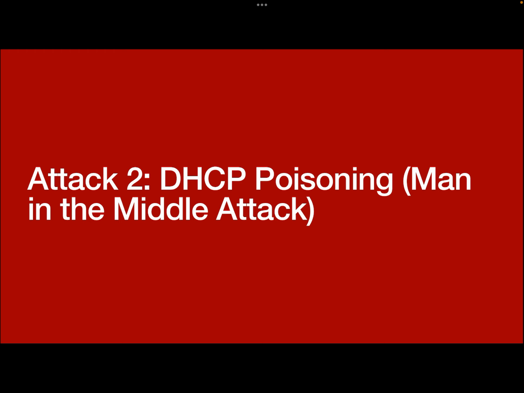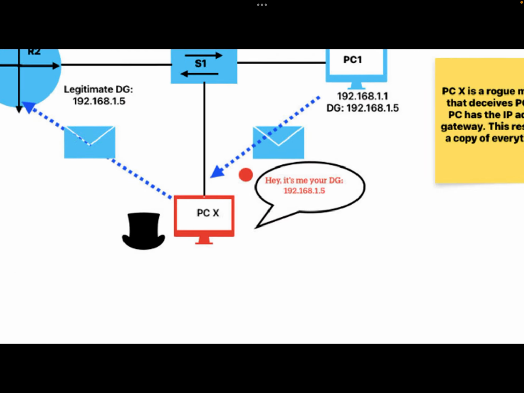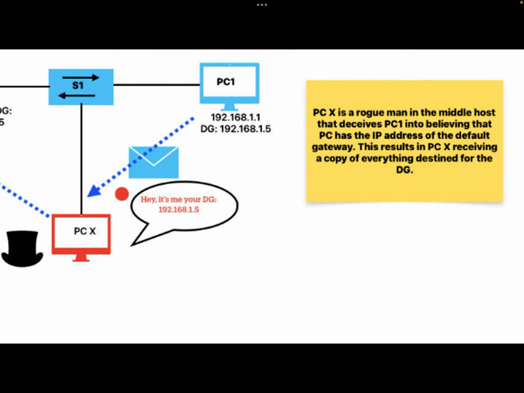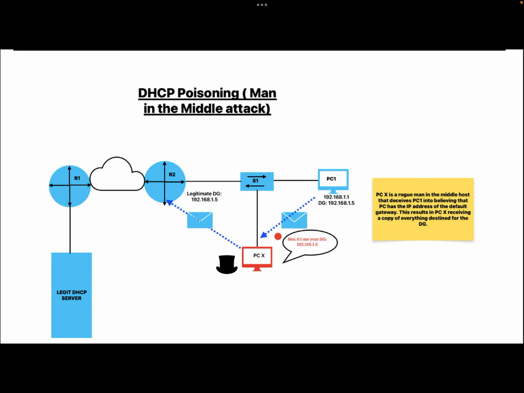And then we look at the second type of attack, DHCP poisoning, also known as a man-in-the-middle attack. What is this? Well, here we've got PCX, and this is a rogue host. It deceives PC1, which is here, into believing that PCX has the IP address of the default gateway, router 2.